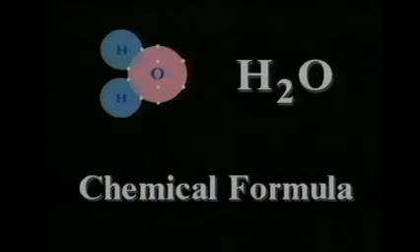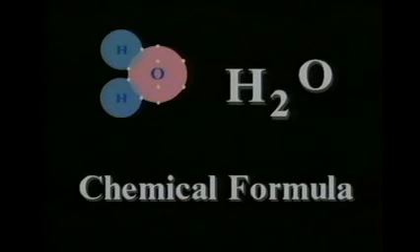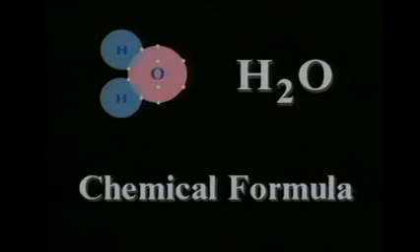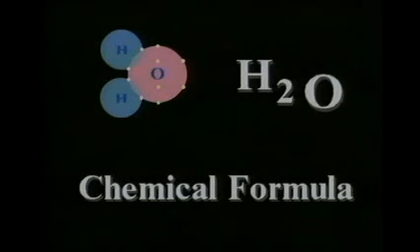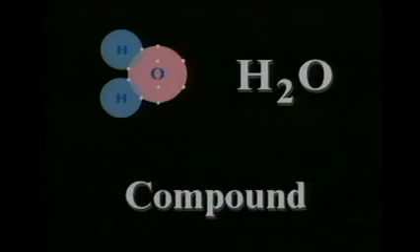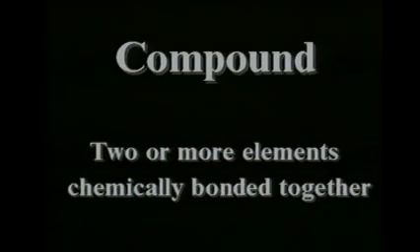This is known as the chemical formula for water. This formula shows that each molecule of water contains 2 hydrogen atoms, represented by H2, and 1 oxygen atom, represented by an O. Water is an example of a very simple chemical compound. A compound is 2 or more elements chemically bonded together.